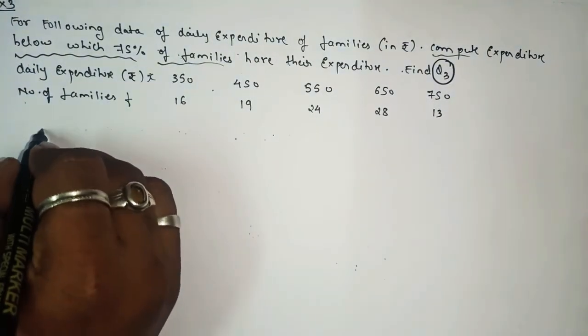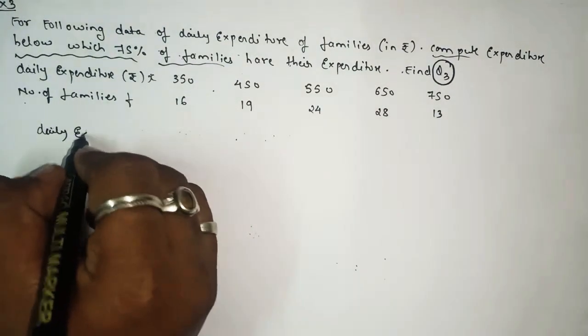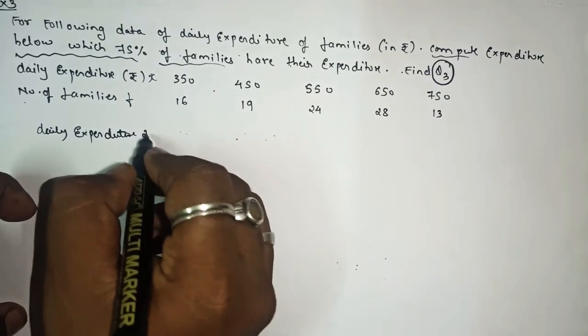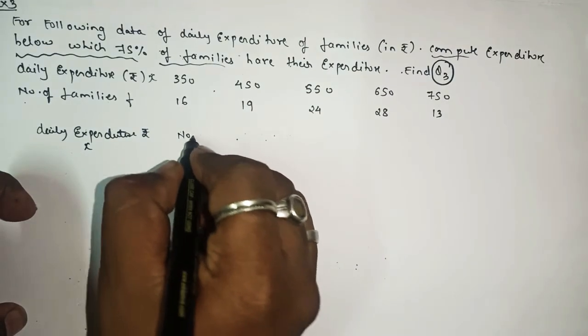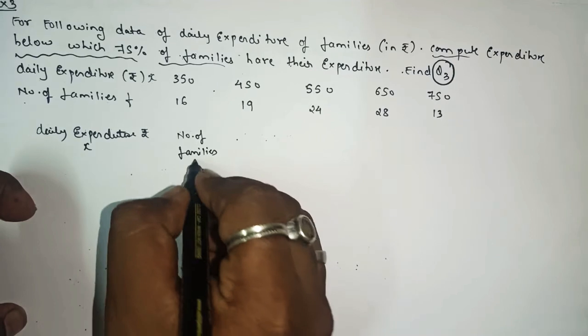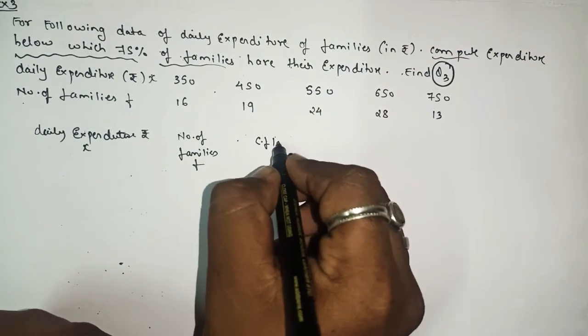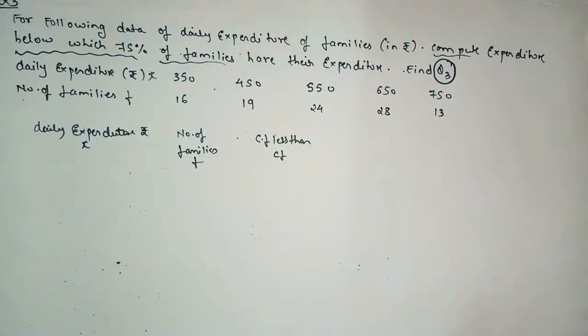So here in the first column you will write x, and in the second column you will write f, and in the third you will write cumulative frequency less than, that is cf.